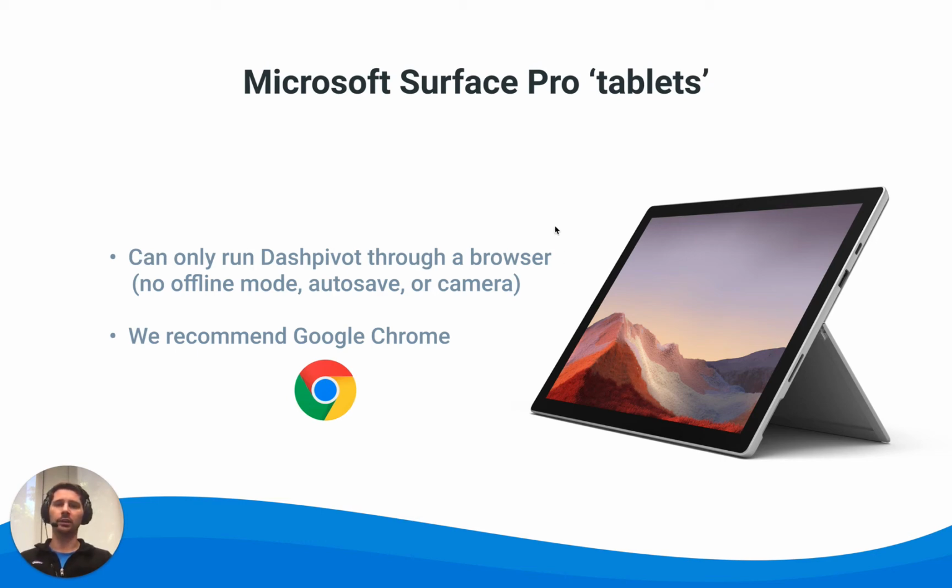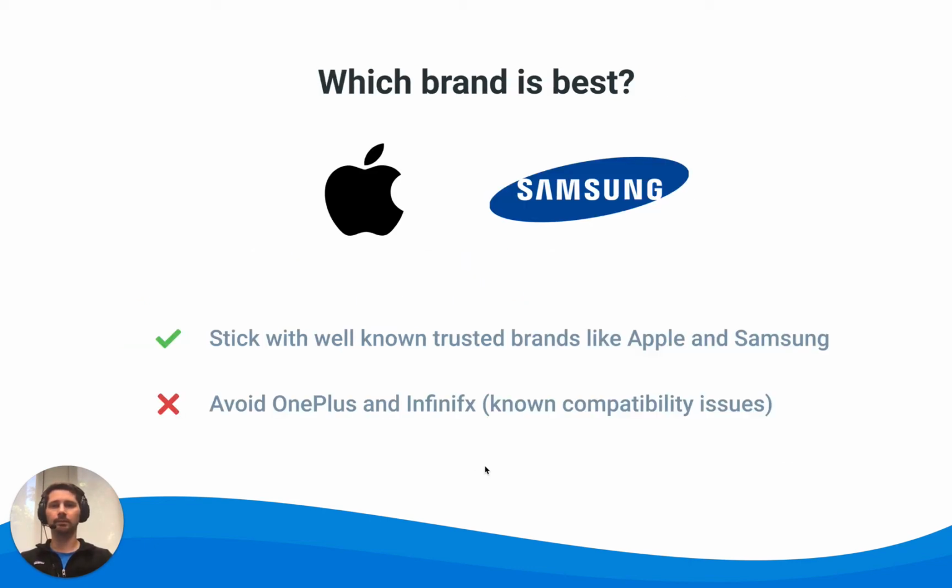The disadvantage here is that you've got no offline mode, there's no autosave, and you can't access the camera and other native functions that are built into the Android and iOS app. But if you already have a Surface Pro tablet, or that's what you'll be using to run Dashpivot, we recommend running it through Google Chrome as the browser of choice. So just keep that in mind.